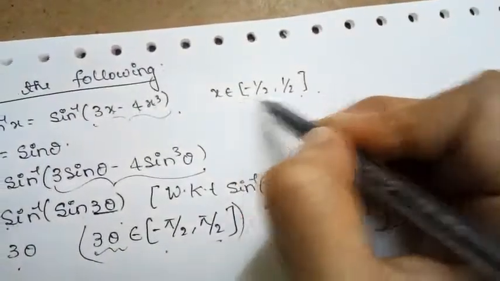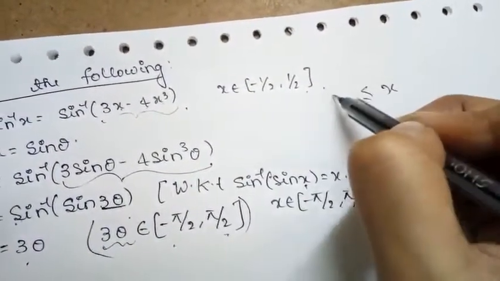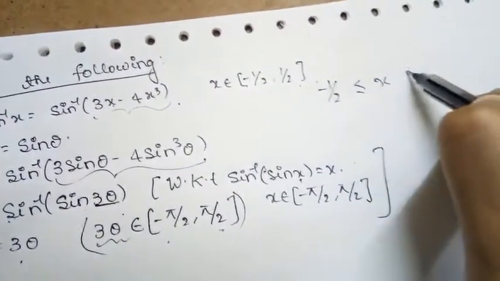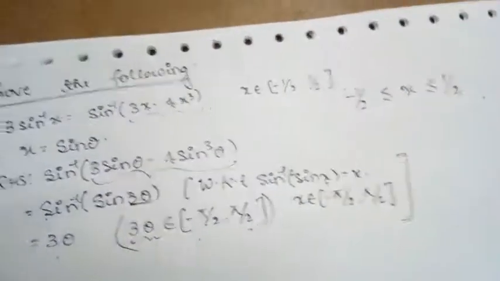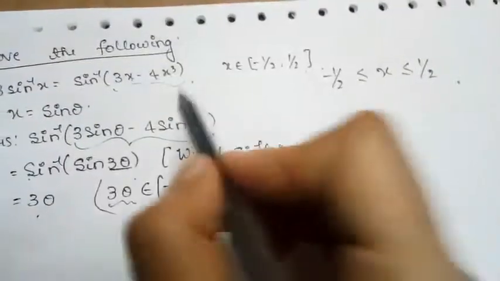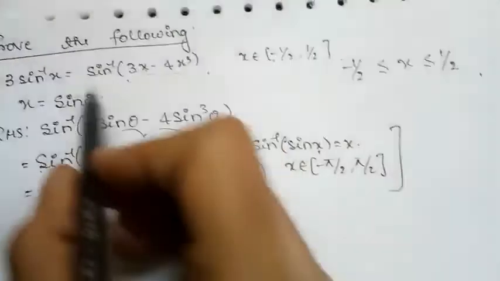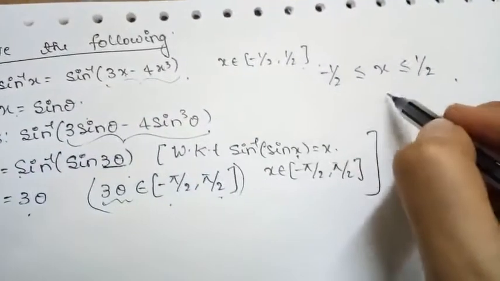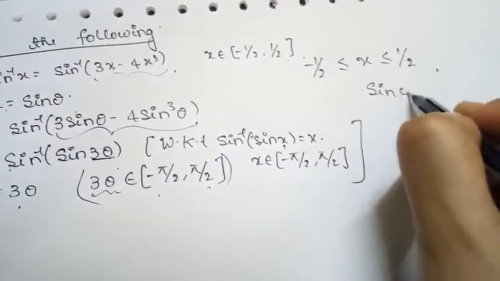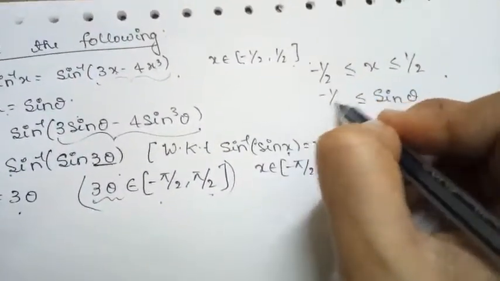You can see here x belongs to, it is greater than or equal to minus 1 by 2 and less than or equal to 1 by 2. With this we can see whether 3 theta is within this range or not. What is x? x is sin theta. So I am substituting x is equal to sin theta here.